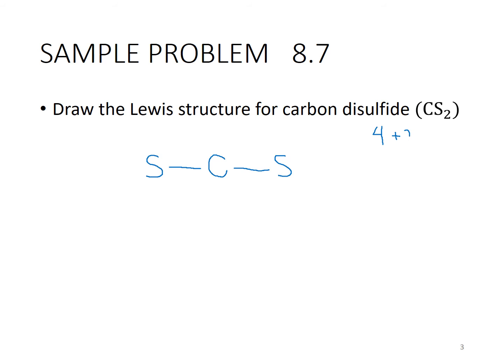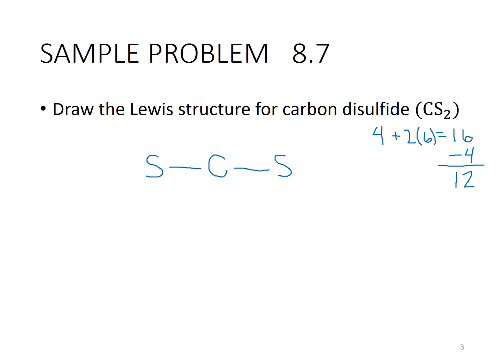So that's going to be 12 there, right? So we should have 16 valence electrons that we are dealing with. I've already used 4, since each single bond is 2 electrons. I've used 2 single bonds, so I should have 12 electrons left over.